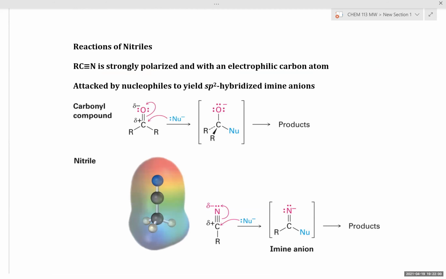Now, we've seen, just like carbonyls, nitriles are polarized and they can react with nucleophiles at the nitrile carbon. We've seen this with Grignard reagents time and time again as a useful method to prepare disubstituted ketones.